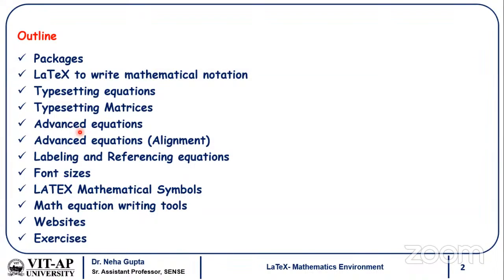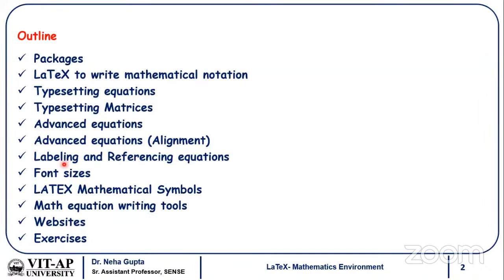in advanced equations. Then after that, we will see labeling and referencing, which is the most important part of research writing. Whenever you want to refer to an equation, how it can be written into the text, that we will cover under this point, labeling and referencing equations.